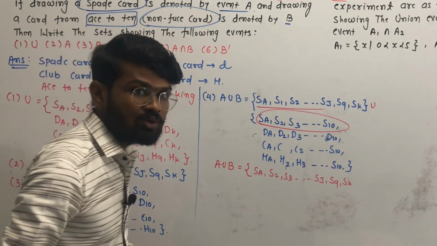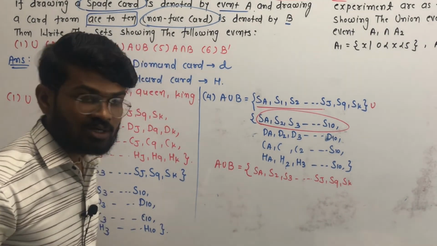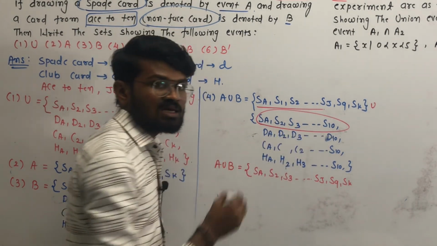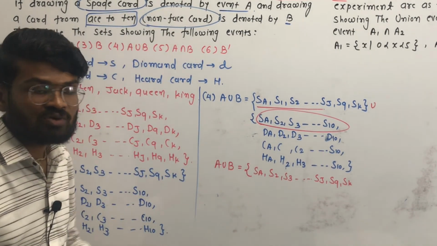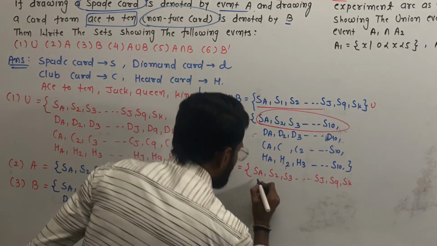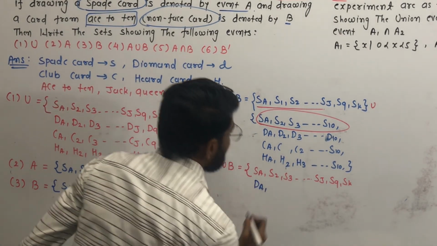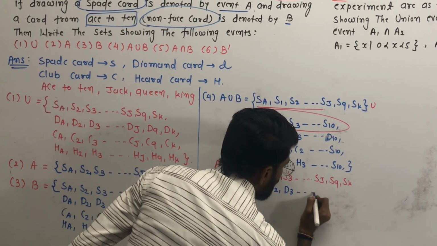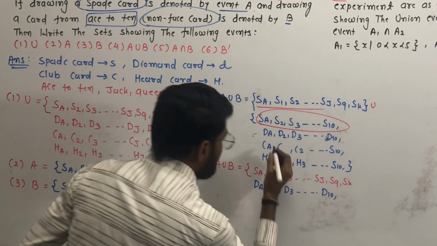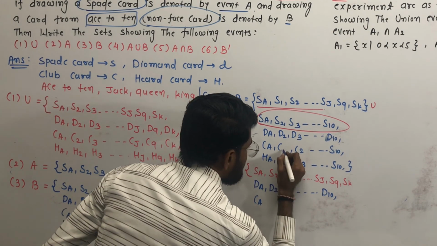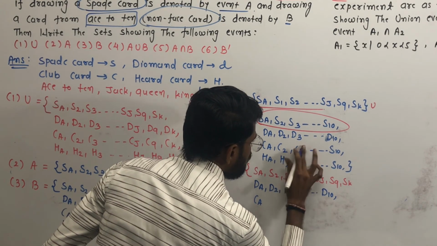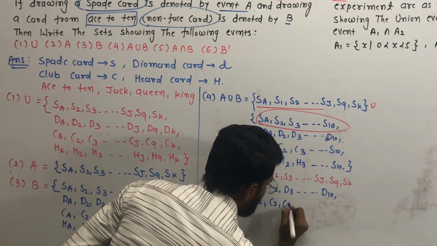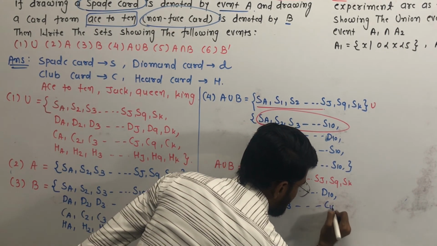Okay, we write the elements of the event A. Now we have to write the elements of the event B, but here SA to S10 elements will be repeated, so we can't write them. We write DA, D2, D3, so on, D10, then CA, C2, C3, so on, C10.